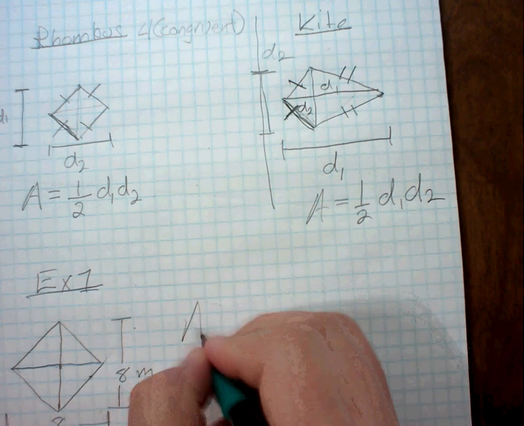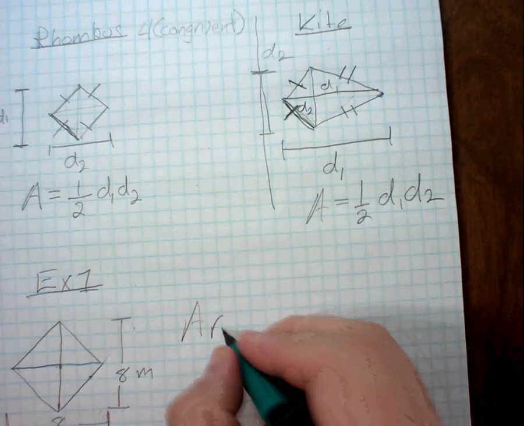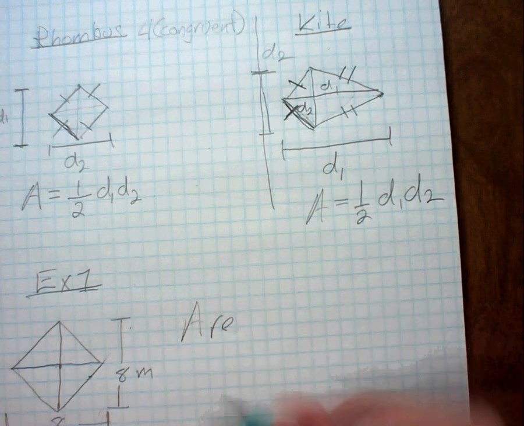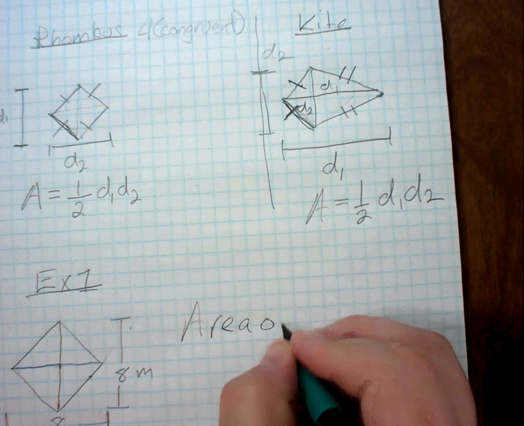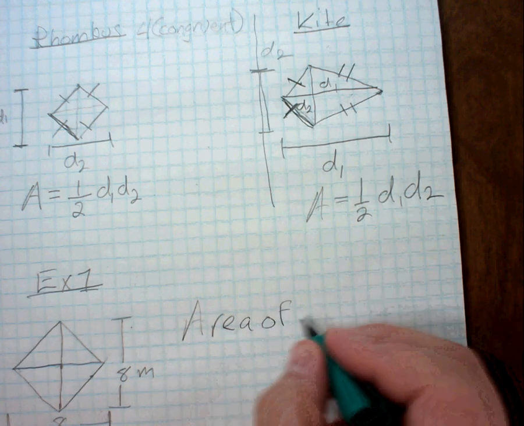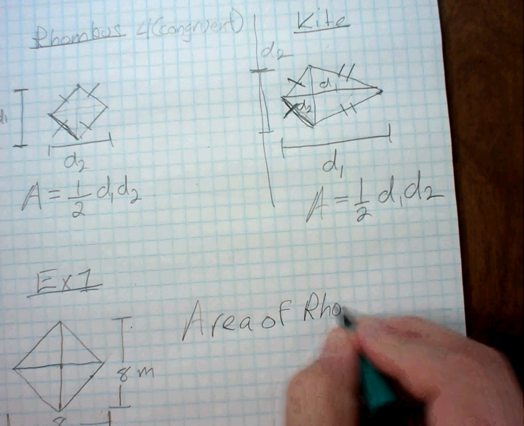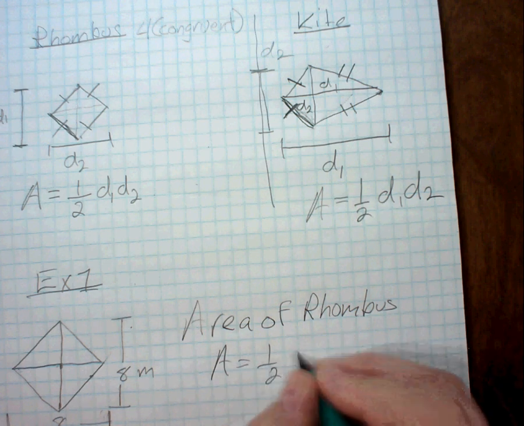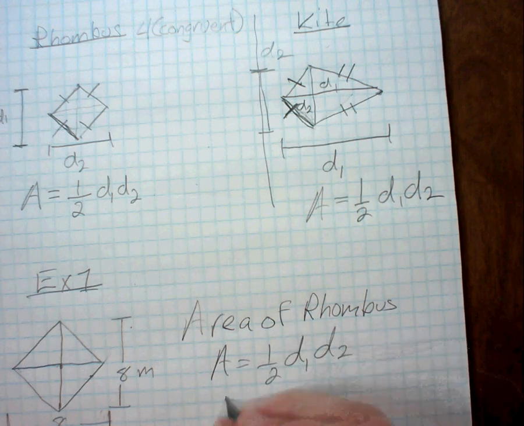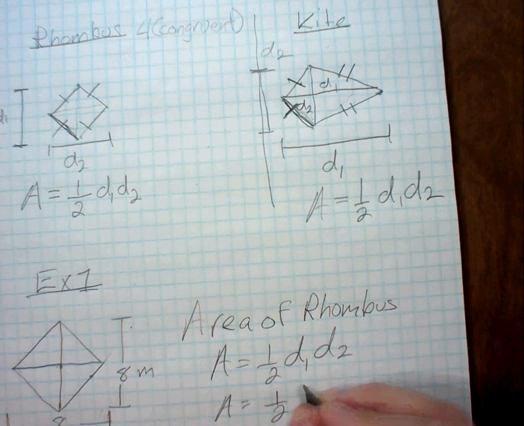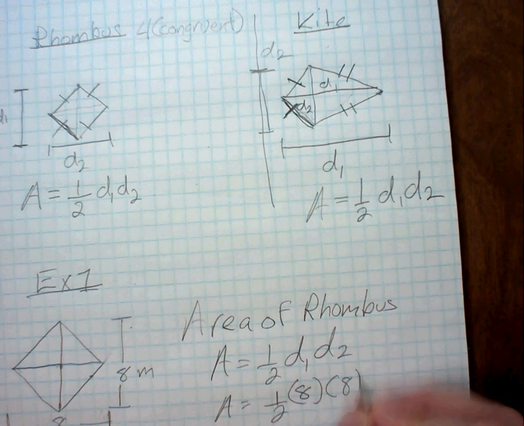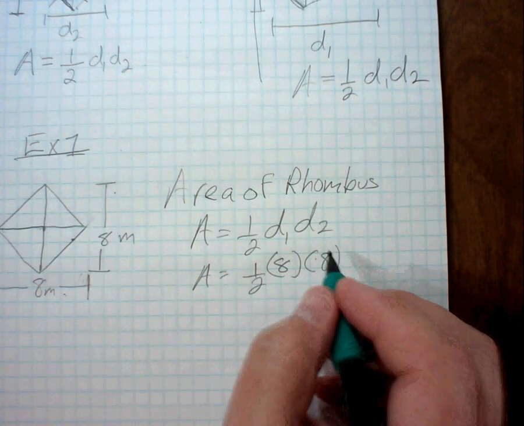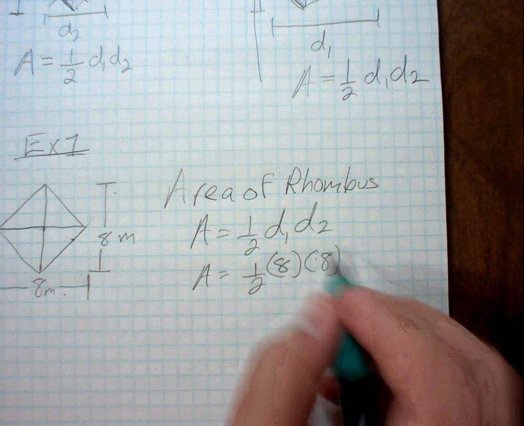Then to find the area of this thing, 8 times 8 is 64. 64 divided by 2 would just be 32.